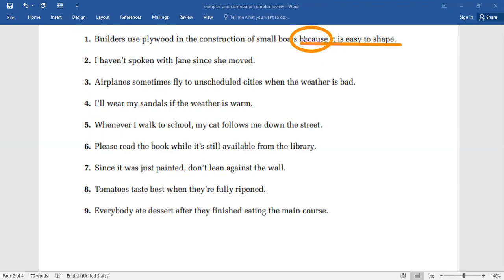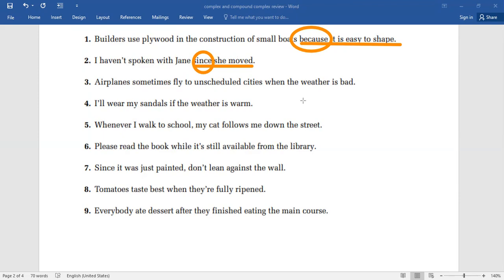Thank you. Okay, Abdurrahman, number two. Since he moved, and "since" is a subordinate conjunction. Great. We're going to circle the word "since" because it's a subordinate conjunction. Good job, Abdurrahman.